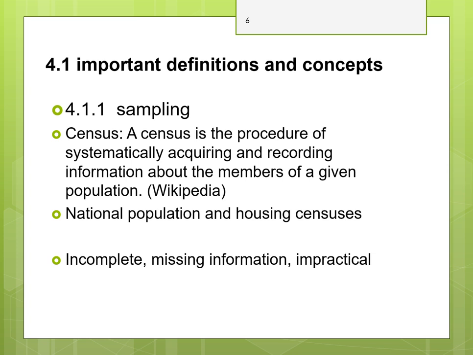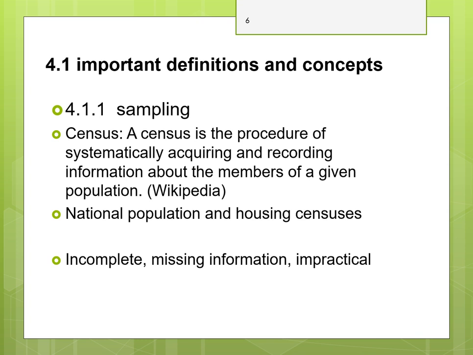So that means if there are 1 billion individuals in the population, we need to check all of these individuals one by one. So that is very difficult, right? But sometimes a census is necessary.